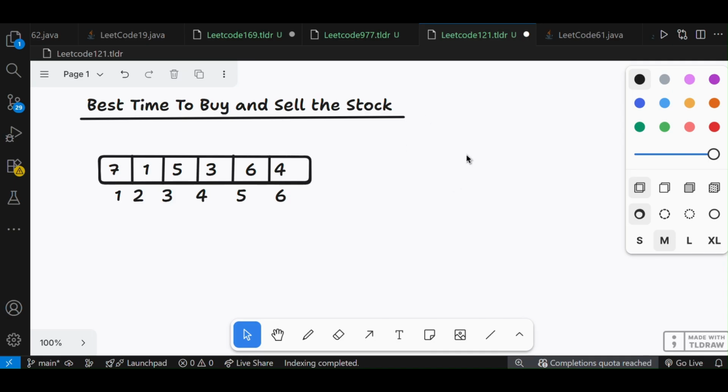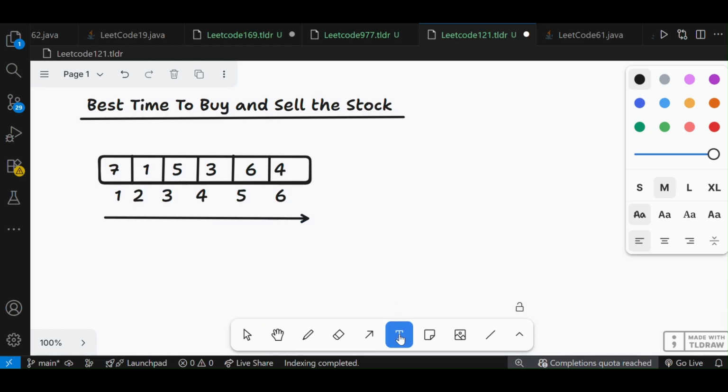So let's understand our approach. First of all, we need to iterate over each element of our array. During the iteration, I find my minimum element and my maximum element.